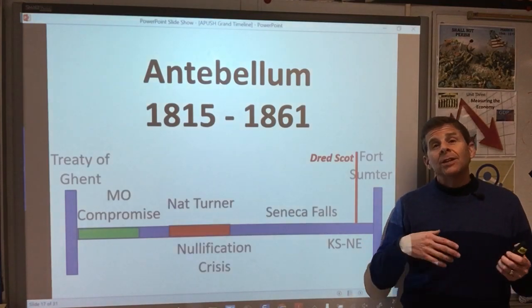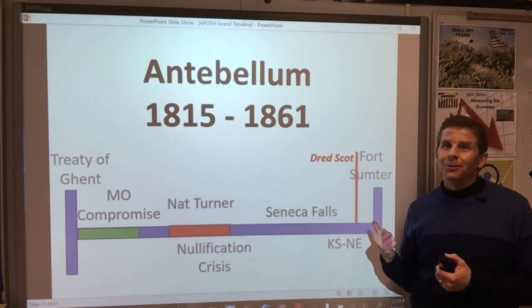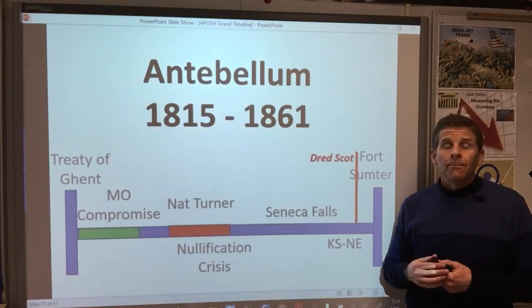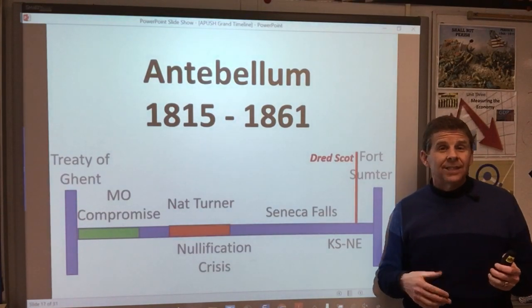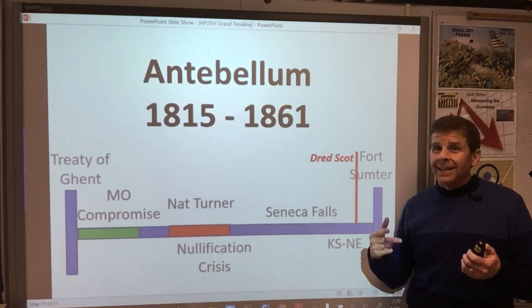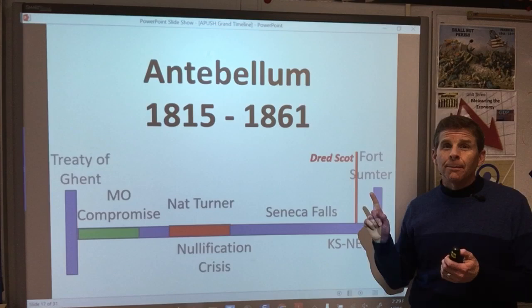And so when the election of 1860 comes along, again, you should know where 1860 belongs. Well, it is actually Lincoln's election that causes those first southern states to secede. Down in South Carolina, they're the first place where they try to test these waters by trying to take this place called Fort Sumter.